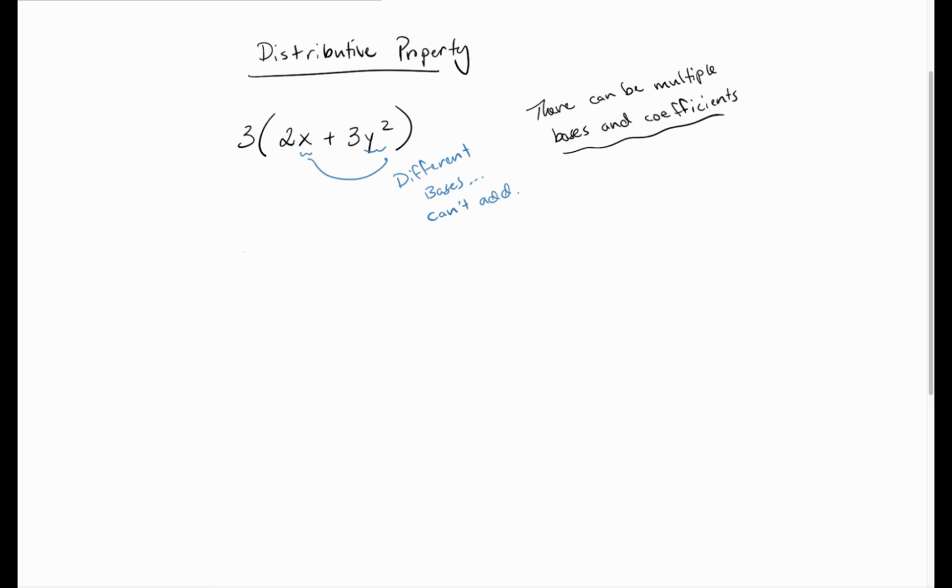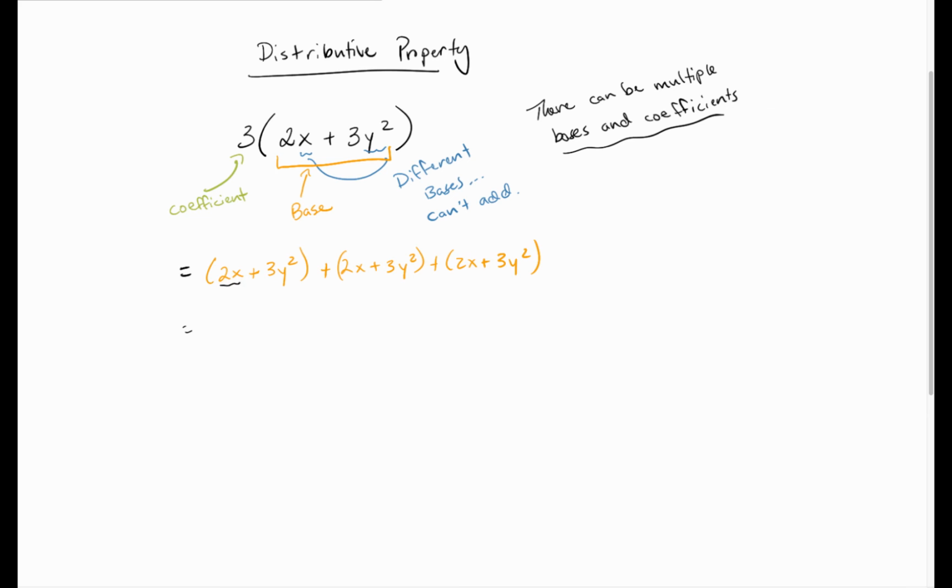So we can't add those things in the parentheses together. Well, that's okay, because we can go ahead and consider 2x plus 3y squared to be our base, and our coefficient is then 3. So that tells me that I have a base of 2x plus 3y squared, and I have it 3 times, added together.